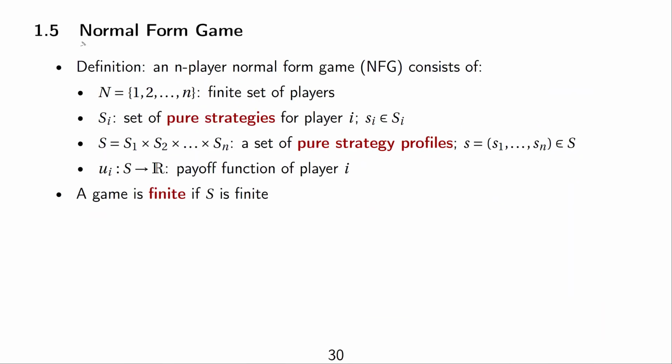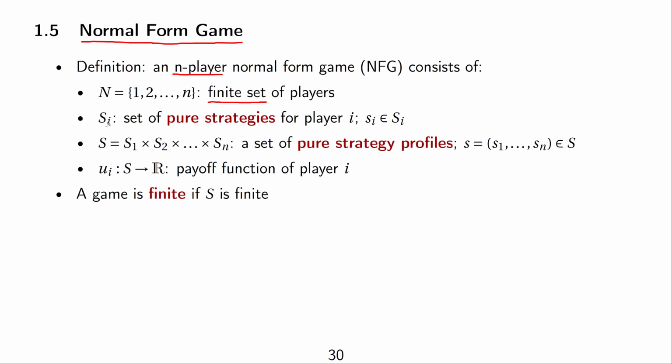All right, so we'll introduce this concept of a normal form game. So an n-player normal form game consists of a finite set of players, and then we have a set of pure strategies.